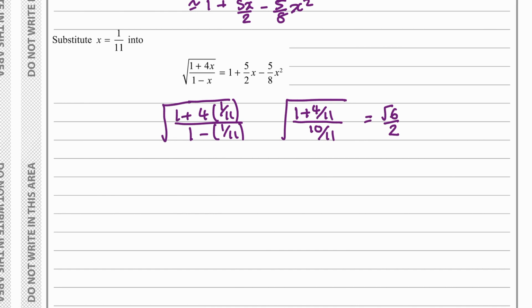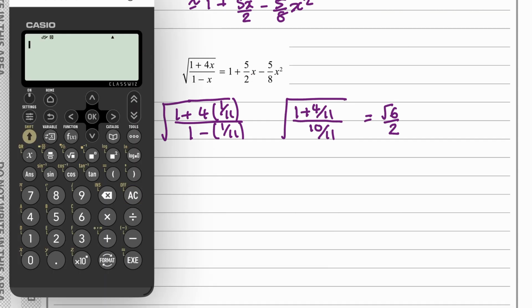Now if we substitute this into the right hand side, I'm going to store 1/11 in my calculator as a variable. So if I go to variable and I want to enter a as 1/11, then we'll have 1 plus 5/2 times a minus 5/8 a squared.